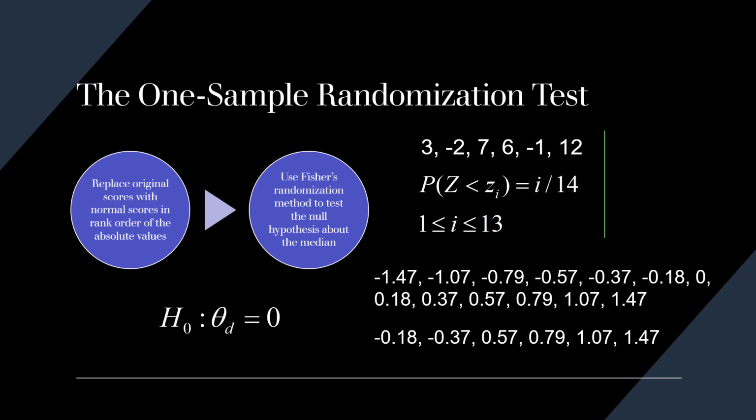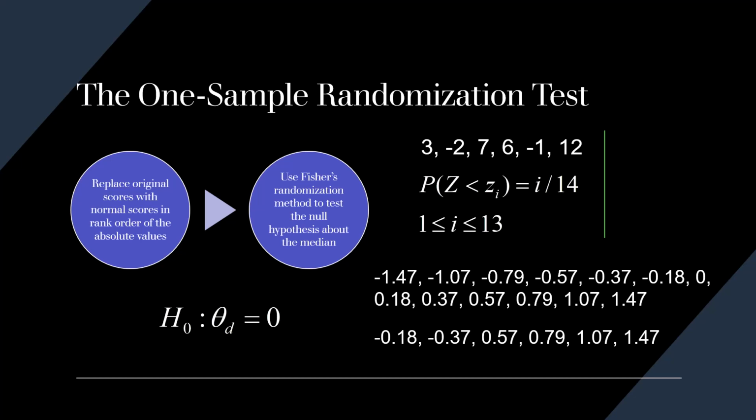And all the rest of them are positive as well. The 6 is associated with 0.79, the 7 is associated with 1.07, and the 12 is associated with 1.47. So now I have linked each of these normal scores in rank order based upon the absolute value of the original scores with those original scores.